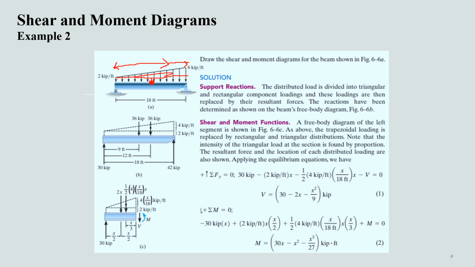When we have to determine the reactions, we'll take the summation of forces as well as the summation of moments. The summation of forces and the summation of moments will give us the two unknown reactions, and they come out as 30 kips and 42 kips.